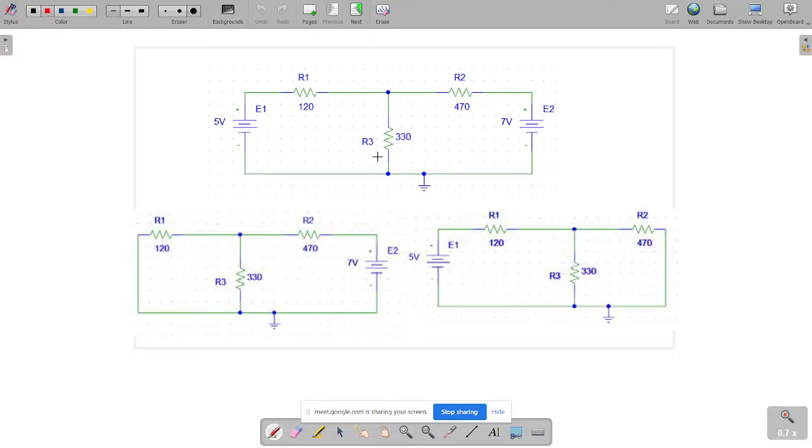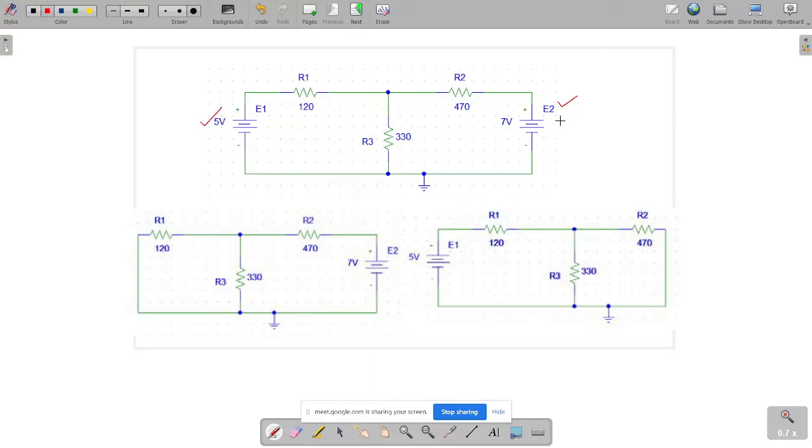So the current that is flowing through all three branches is basically due to the contribution of all the voltage sources present in the circuit, right? That is, the currents flowing throughout all the branches of the circuit are basically due to the contribution of E1 and E2 both, right?